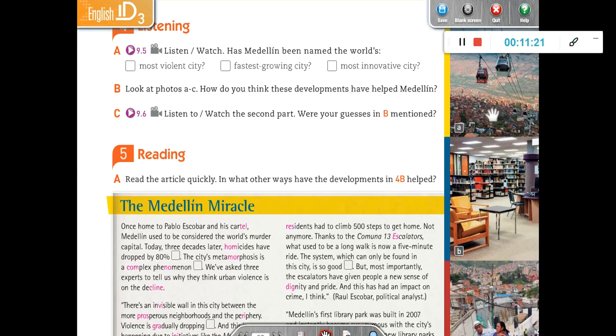Okay, so I think it helped the economy, I don't know, whatever you think about these images. They can help Medellin with education. Yes, well, think about it.